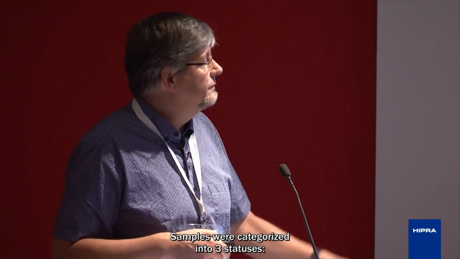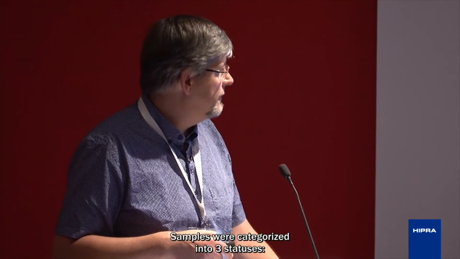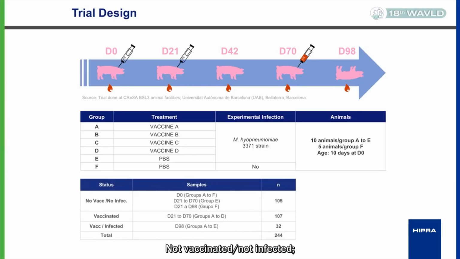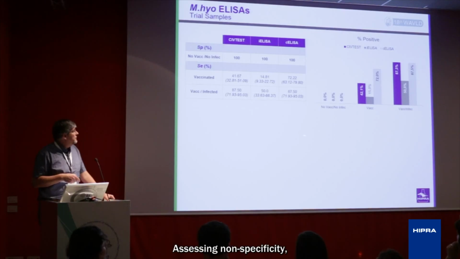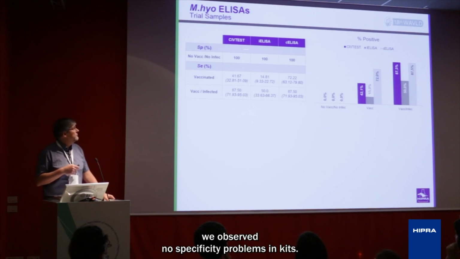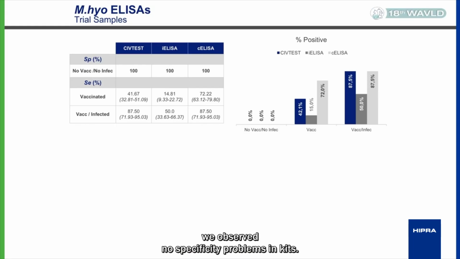These samples were categorized into 3 different statuses: not vaccinated, non-infected; only vaccinated; and samples coming from animals vaccinated and also infected. In terms of sensitivity and specificity, we observed that no kit has any specificity problem, but in terms of sensitivity, the differences were mainly focused again in the vaccinated samples.